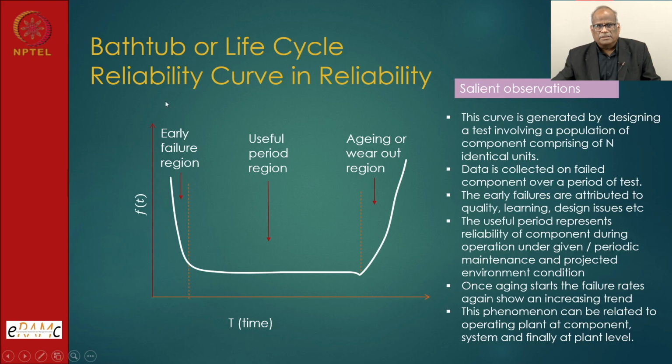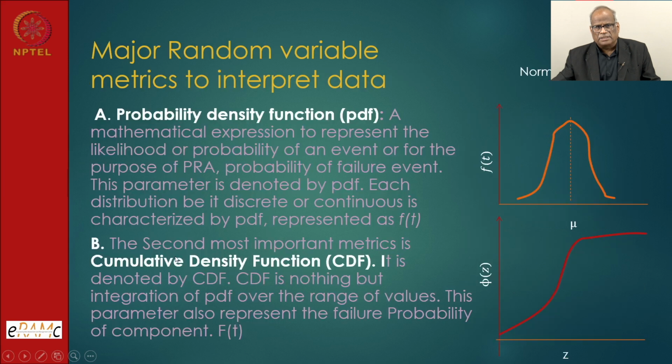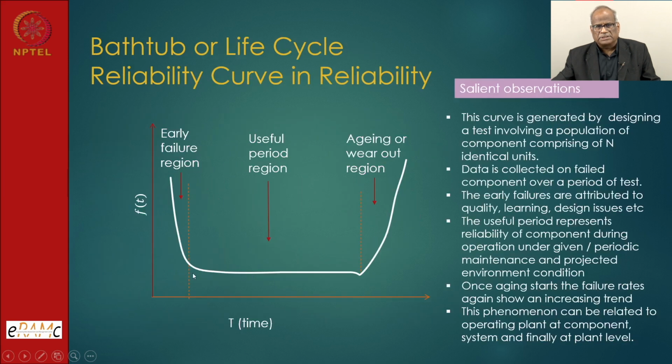So why this shape? Some components have early failure. How was this curve created? Some n number of components were put to test. Initial failure will be highest, then it will reduce, and finally it will be constant.